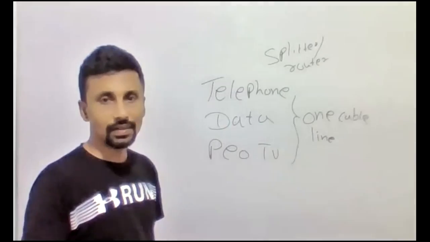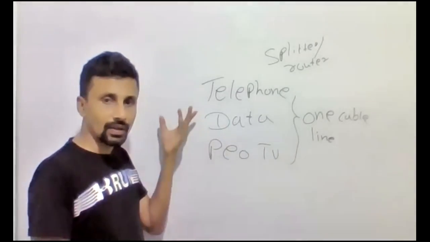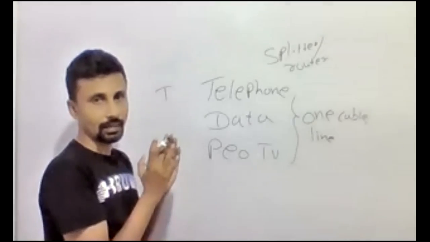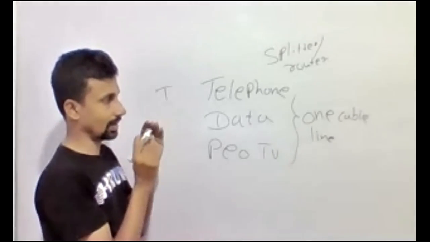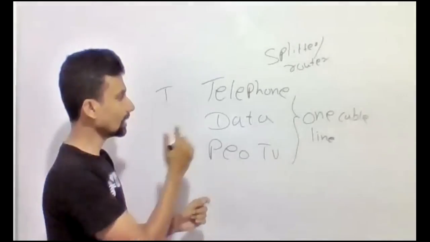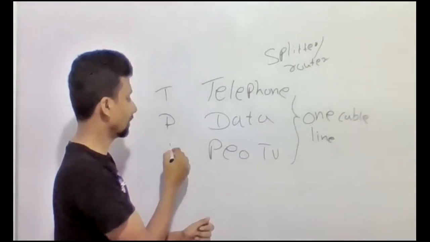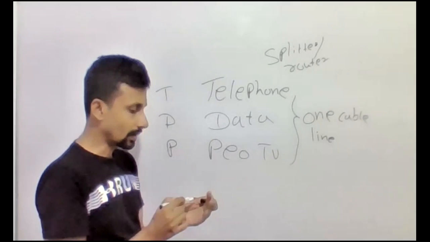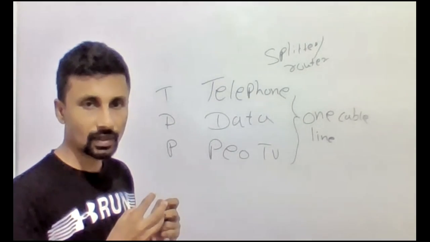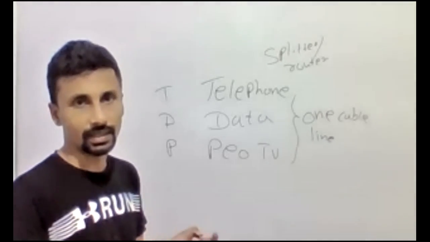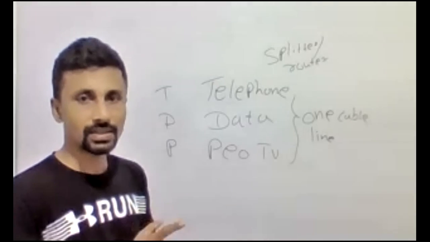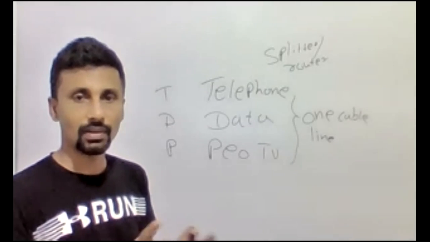If it is code division multiplexing, it uses a kind of code. Say telephone T, data D, and POTV P. This kind of code is also attached to the data. Code means you can't send letters; whatever it is, it should be a signal, ones and zeros, digital or analog.